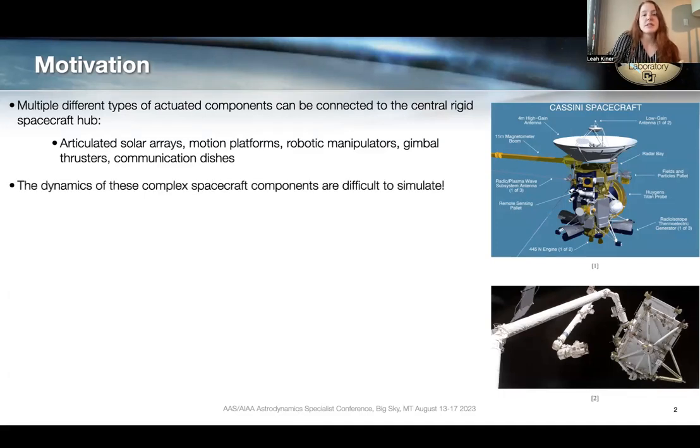So the dynamics of these complex spacecraft components are non-trivial to simulate. For example, the relationship between actuator inputs and the states of the actuated component is often unclear.